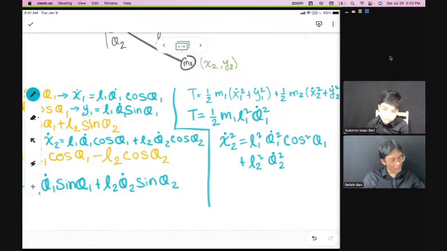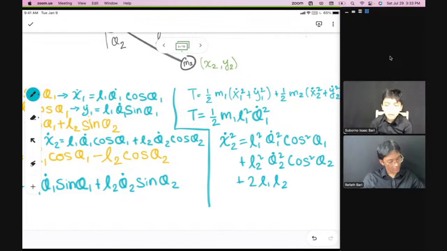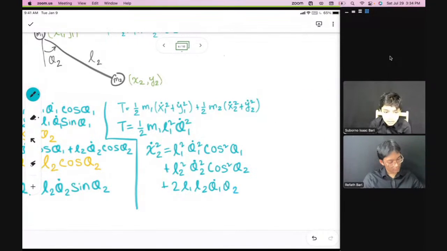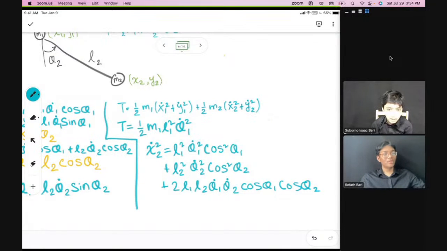Let me write the square terms first. Is that okay? Sure, that's fine by me. Plus 2 L1 theta 1 dot theta 2 dot cosine theta 1 cosine theta 2. See, that's not so bad, is it? Once you write it out, it's perfectly fine.